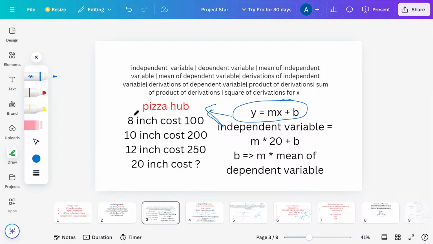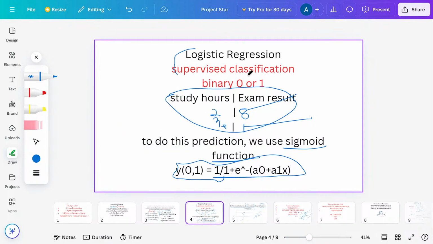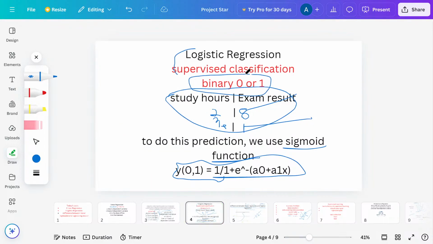We pass some value, we get some value. That's why it's called regression. In logistic regression, it is classified whether it is 0 or 1, so that's why it's called a supervised classification model.